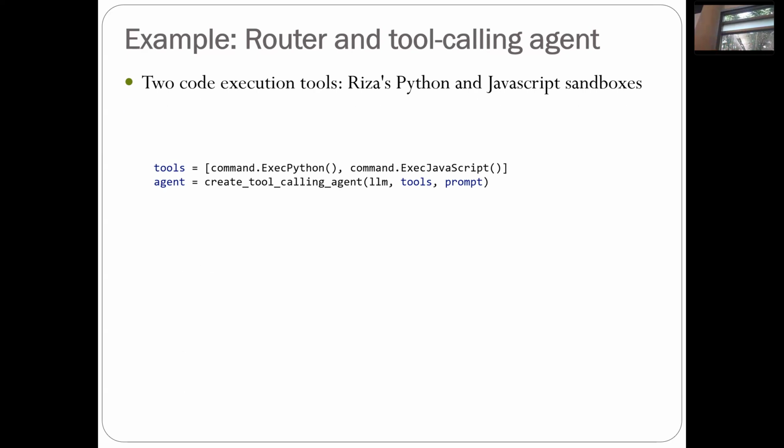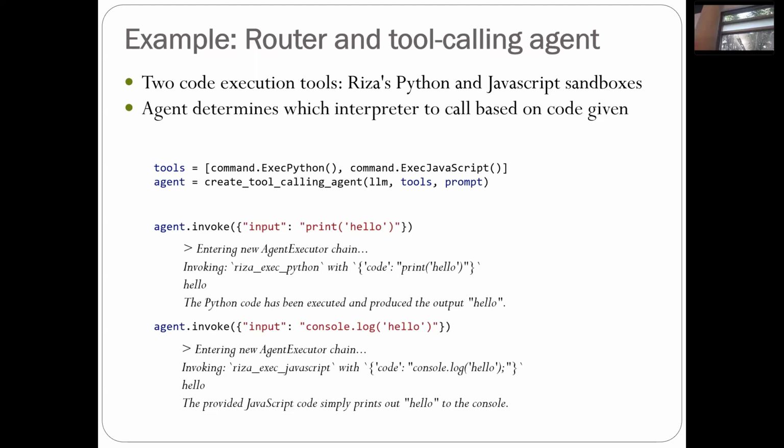Then you get this input. The user says, print hello, that's Python, and it knows it's doing the routing: I'm going to call Riza exec Python. Or if you get console.log hello, well, that's JavaScript, so I'll route this over to the Riza exec JavaScript. Okay, so that's an example.